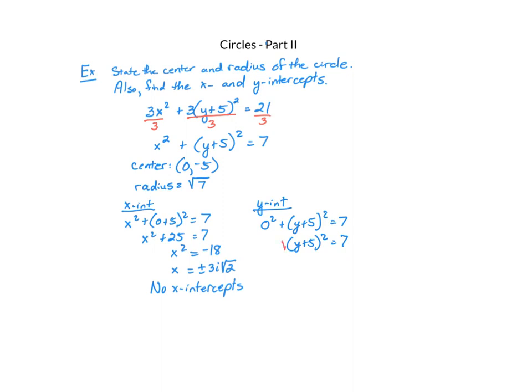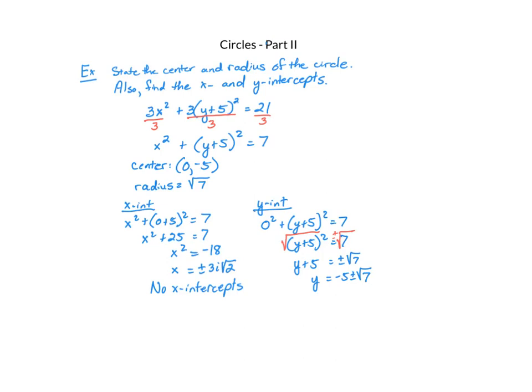Let's take the square root of both sides, putting our plus or minus in. And we have y plus 5 equals plus or minus the square root of 7. Or y equals negative 5 plus or minus the square root of 7. So let's look at this information and see what that tells us about the circle.